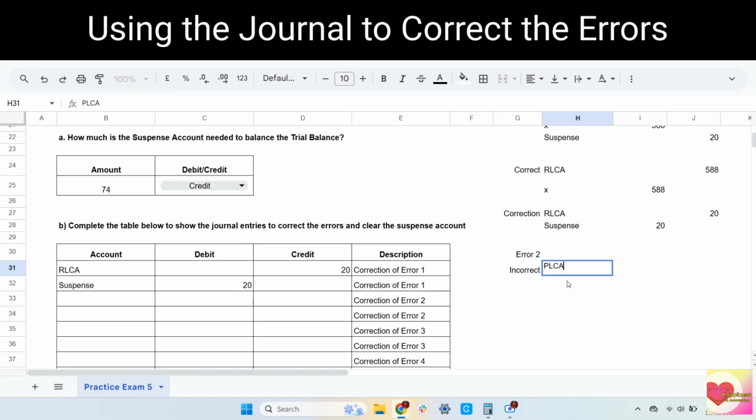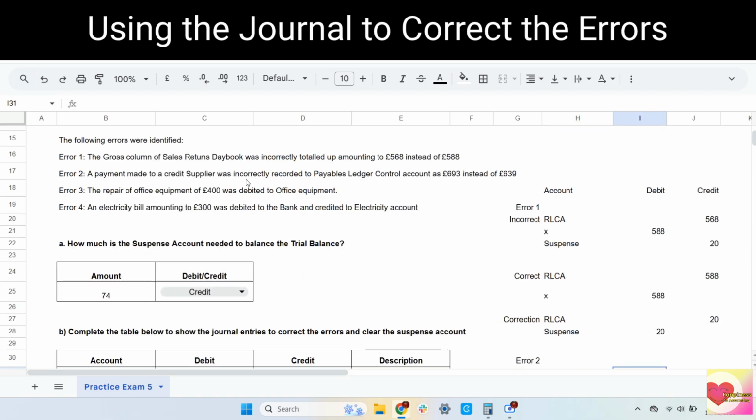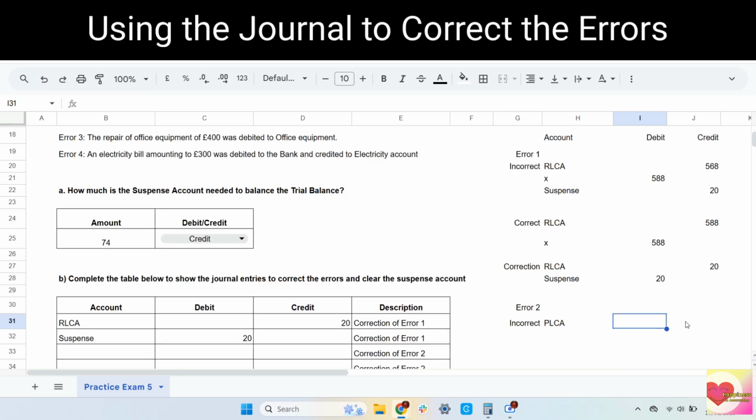This is a payment to a credit supplier, so it means it will decrease our PLCA, so let's put the 693 in debit. The opposite entry is correct, which is 639 in credit. Again, we don't need to identify the account.